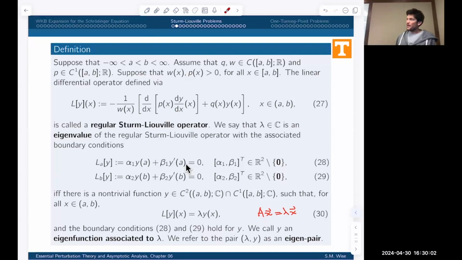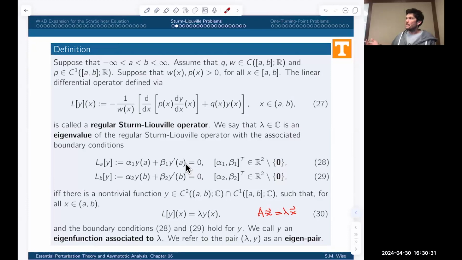Okay, so what is a Robin boundary condition? It's a boundary condition that involves a Dirichlet part and a Neumann part, or in other words, a point value evaluation of y and a derivative evaluation of y at the points A and B. Alpha 1 and beta 1 are associated to A, and if you think of this pair of numbers as a vector, it can't be the zero vector.